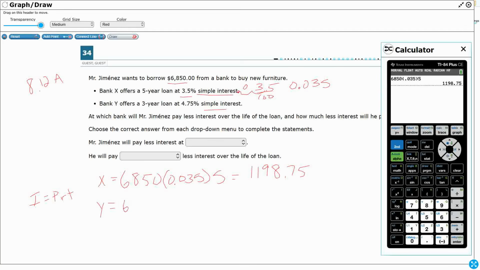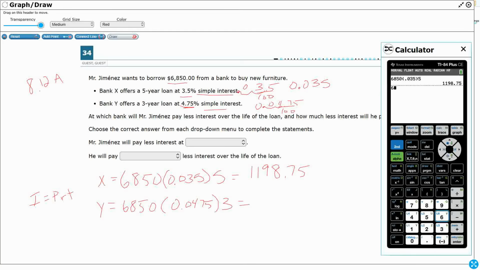All right, so same principal, 6850. It's going to be 3 years, but our rate is much higher, but it's less years. So this is 4.75 per 100. Move that over twice, right? So this is going to be 0.0475 times 3.